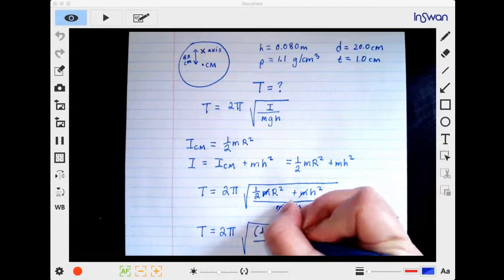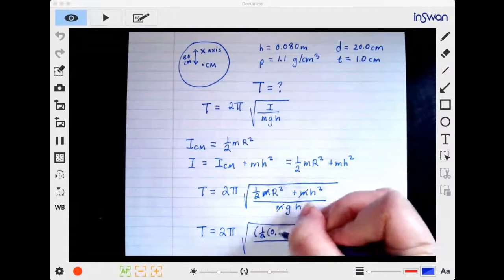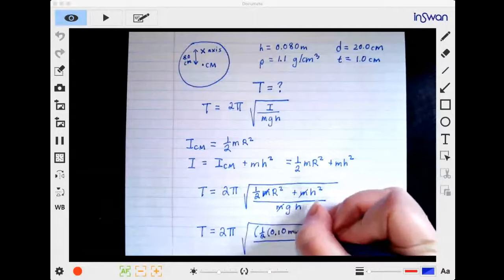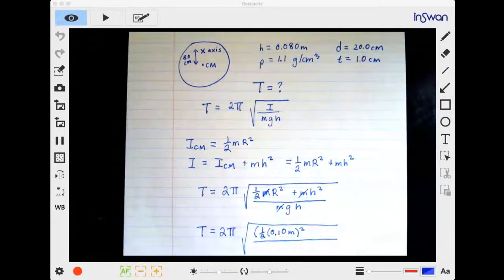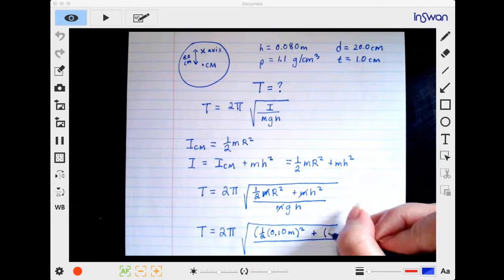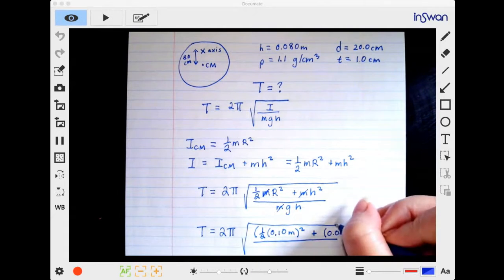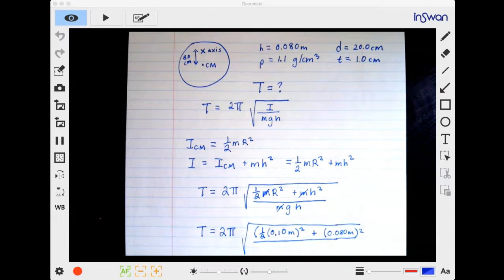All right, so it's going to be 1/2 the radius, which is half the diameter. So that's going to be 0.10 meters squared, plus the h squared, which is 0.080 meters squared. Extend my square root sign there.